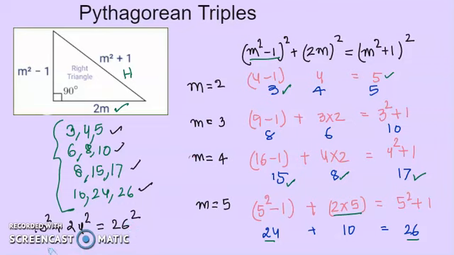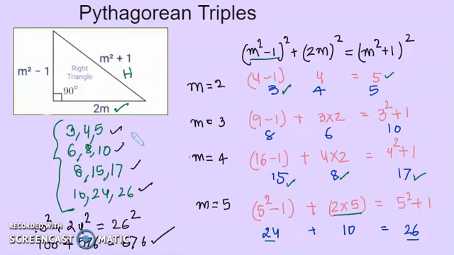Now 10 square is 100 and 24 square is 576, and 26 square is 676. If you add the left hand side, you get 676, and the right hand side is also 676. So both sides are equal, which means the numbers are following the Pythagorean theorem.